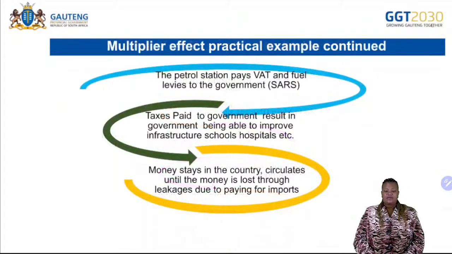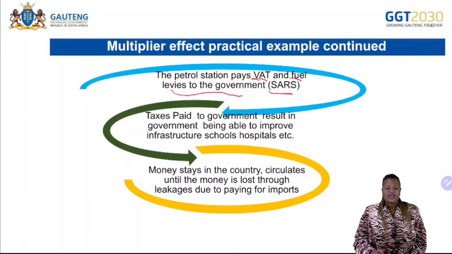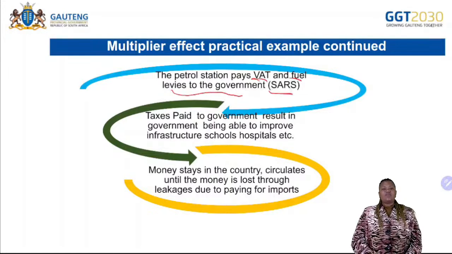The petrol station pays value-added tax and fuel levies to the government, South African Revenue Services. So for the fact that the trucks, the suppliers for the grocery store, used some money to pour petrol into their delivery trucks, the petrol station is now also benefiting indirectly.